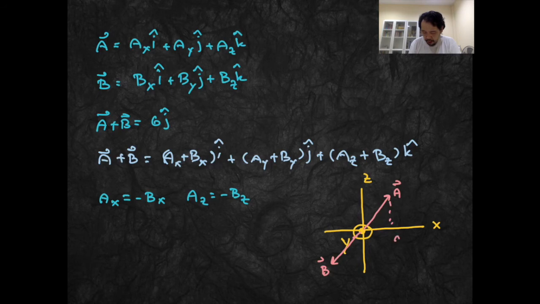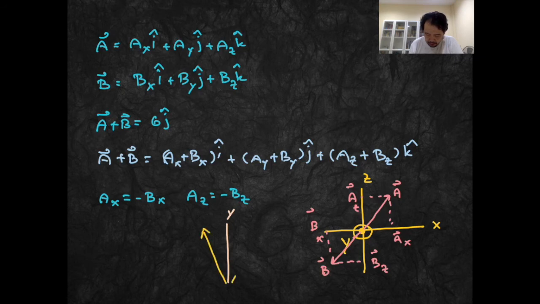We have AX and AC like this, and we have BX and BC like this, which means that AX equals minus BX and AC equals minus BC. Okay, so if we rewrite this, with the y-axis like this, vectors A and B can be written like this.